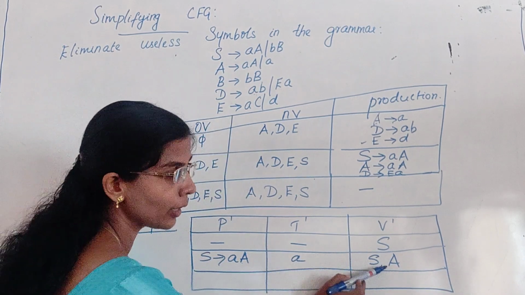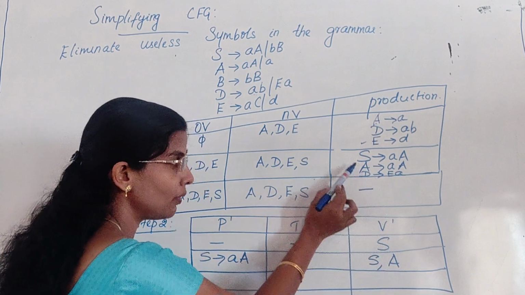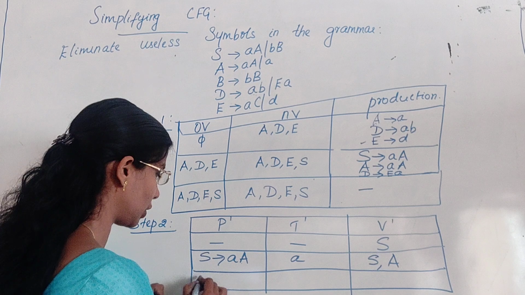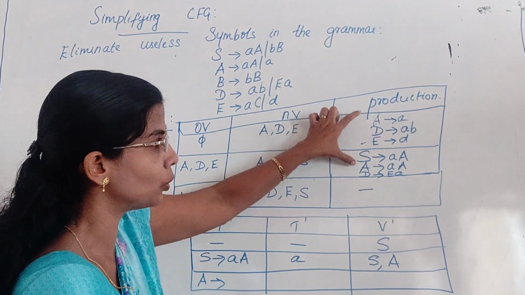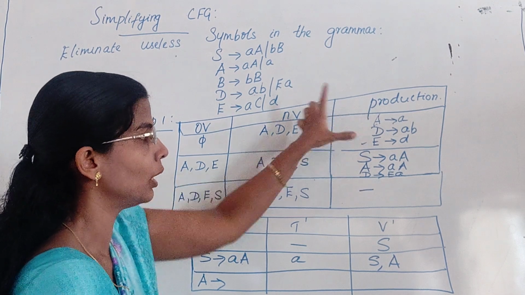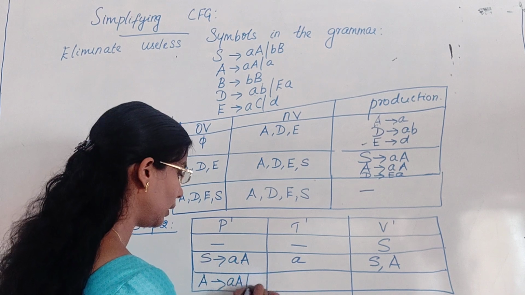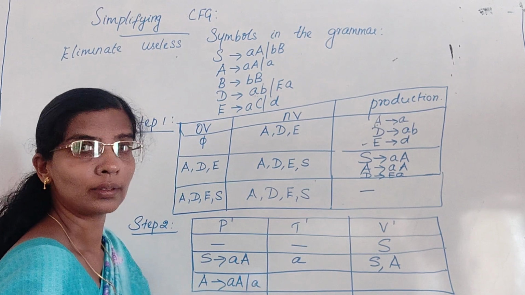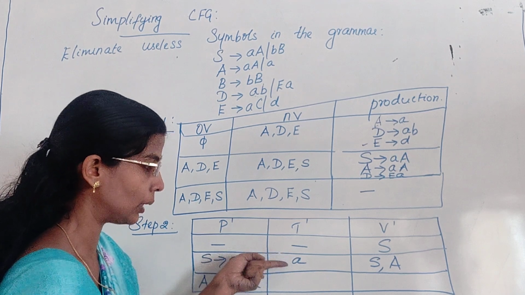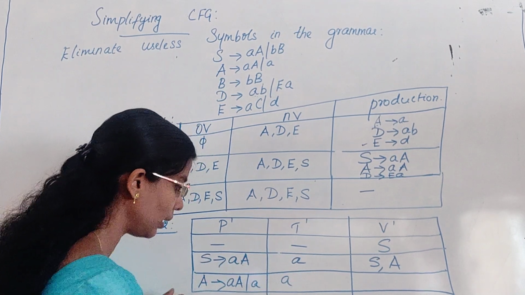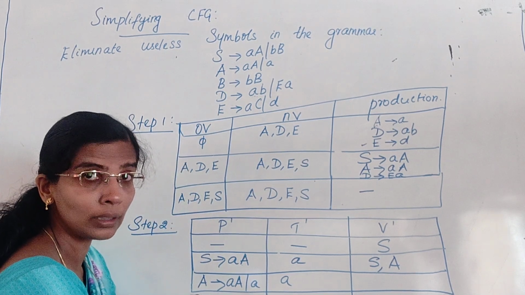Next, I got one more new variable A. See the previous step and write the A production. How many A productions do I have? I have 2 A productions, one here and one here. You can combine both and write: A tends to a. Next, copy the previous row terminal.